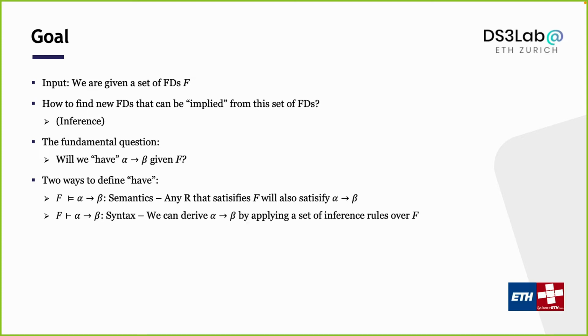On the syntax side, we write with a different notation. To say the syntax, we say whether we can derive alpha to beta by applying a set of inference rules over F. It's very similar to first-order logic, right? You have syntax, you have semantics. And for functional dependencies, this is what we mean.